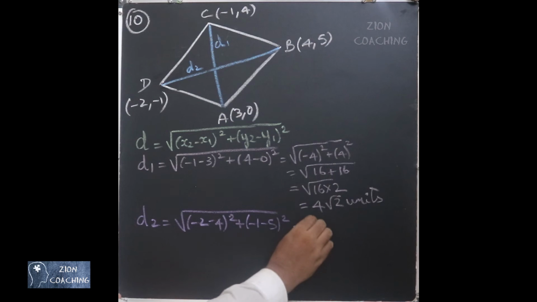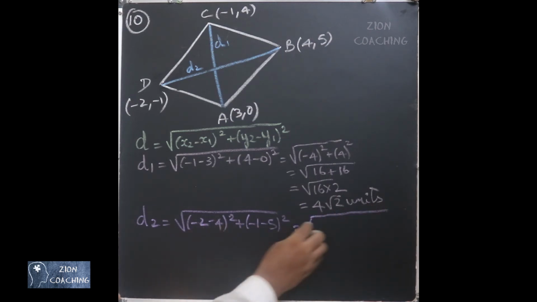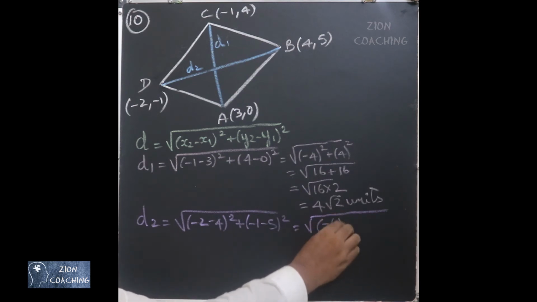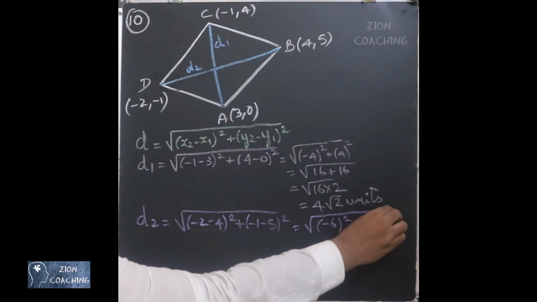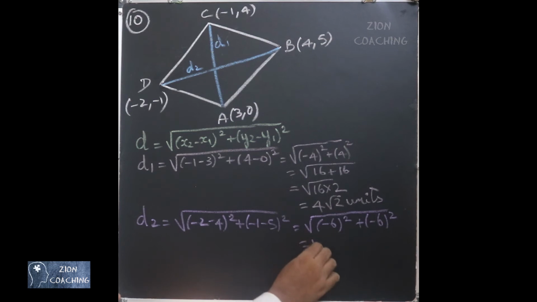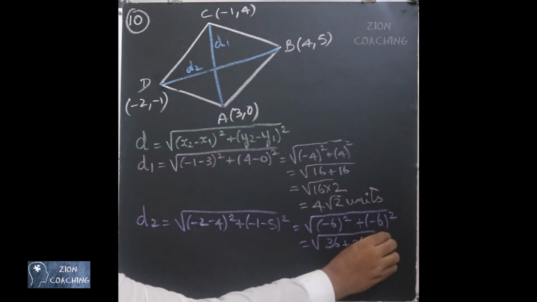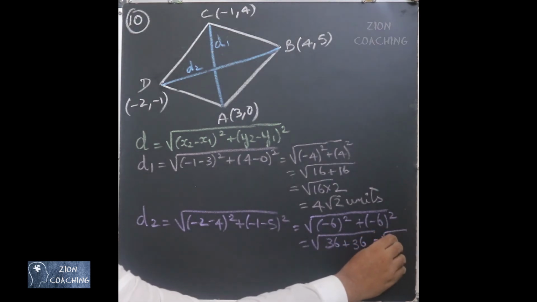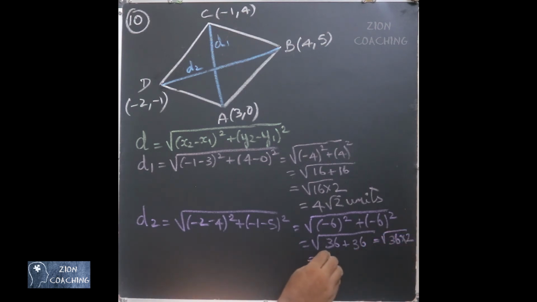That is going to be root of (-2 minus 4, which is -6) whole square plus (-1 minus 5, which is -6) square. So that is going to be root of 36 plus 36, which is root of 36 into 2. That is nothing but 6 root 2 units.